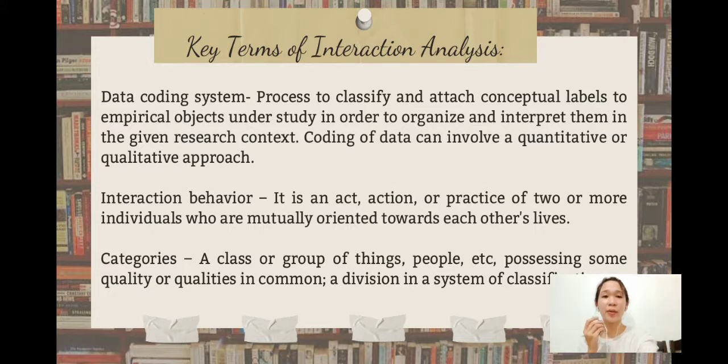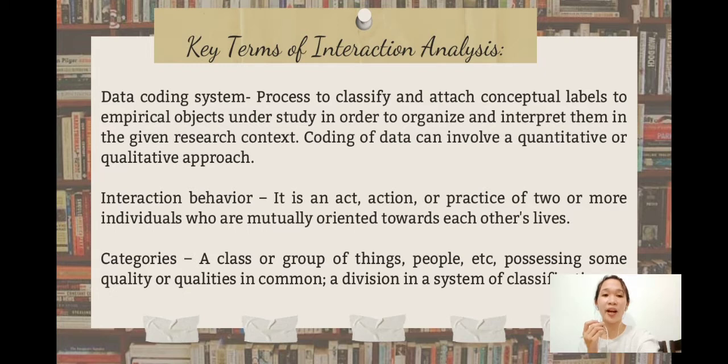Number one is data coding system. It is a process to classify and attach conceptual labels to empirical objects under study in order to organize and interpret them in the given research context. Coding of data can involve a quantitative or qualitative approach. Number two is interaction behavior.